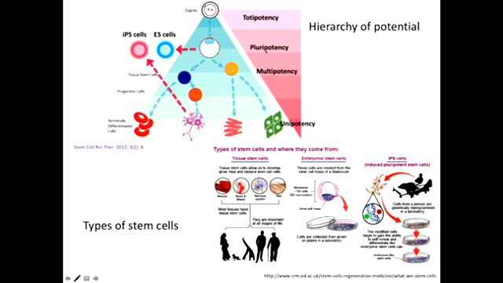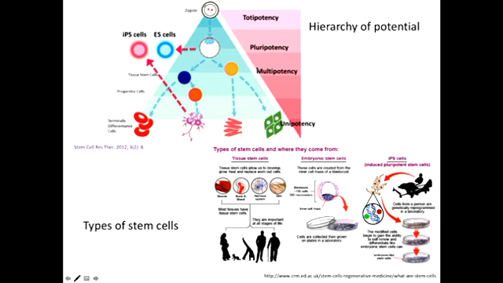Pluripotent stem cells, examples of which are ES and iPS cells, are able to form the three germ layers, so can produce all of the cells of the organism, but they can't give rise to a fully functional individual, and that's the difference between a totipotent and a pluripotent stem cell. A totipotent stem cell, if you put it in a suitable maternal environment, will produce a new individual.